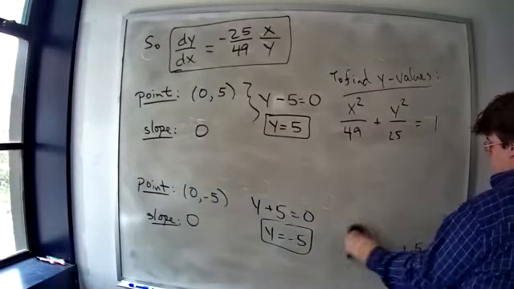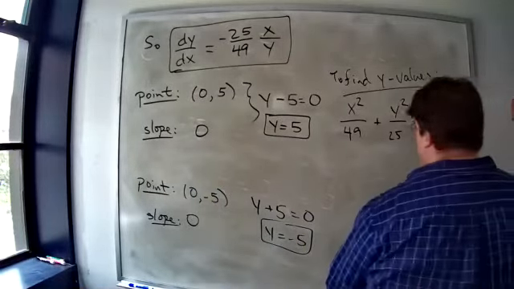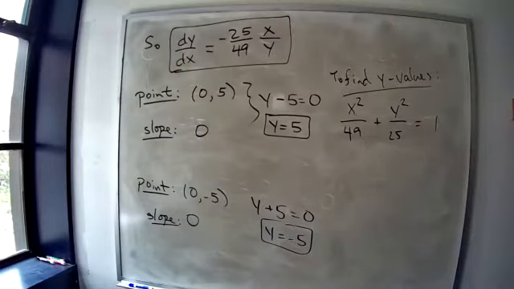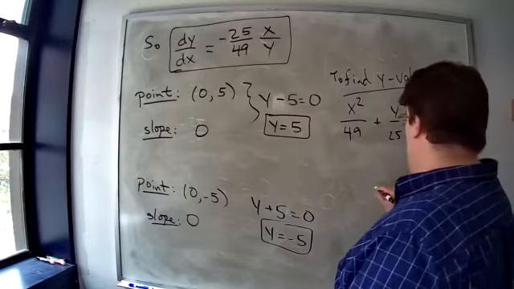Now, there is another way you could have done this purely algebraically, because we know what the given curve looks like. Well, we can figure out what the given curve looks like. Why?